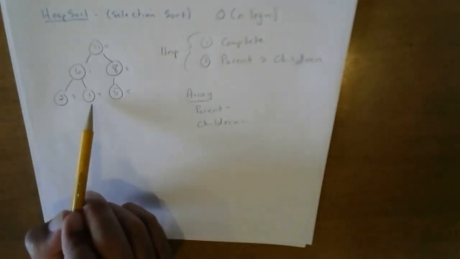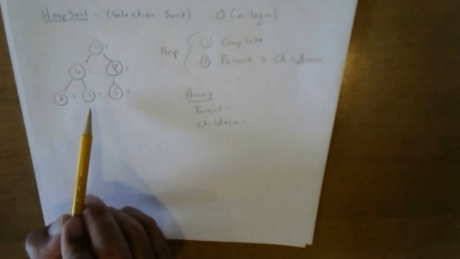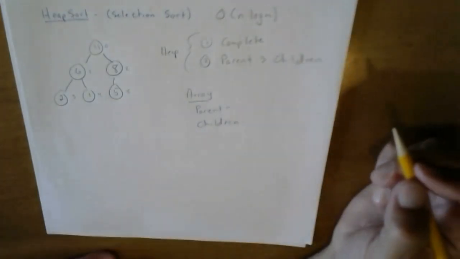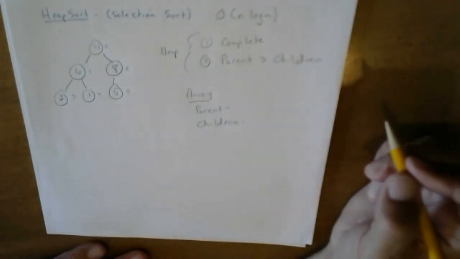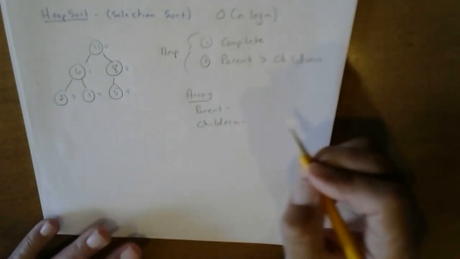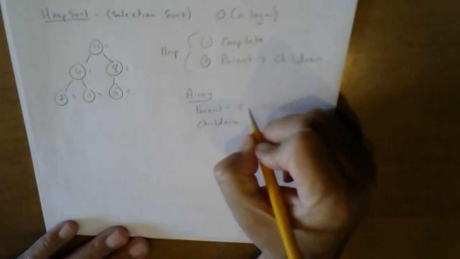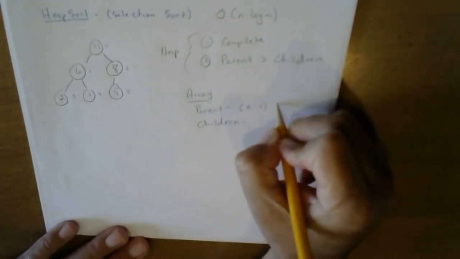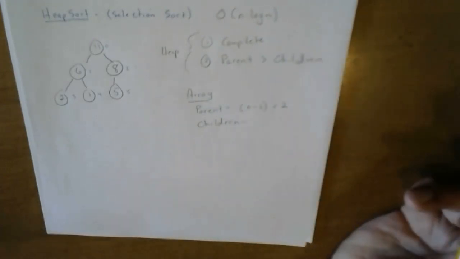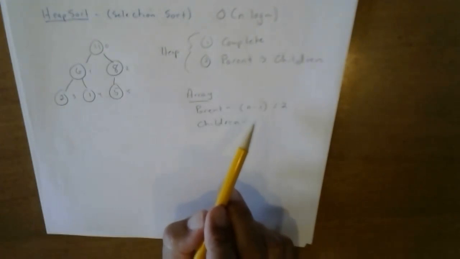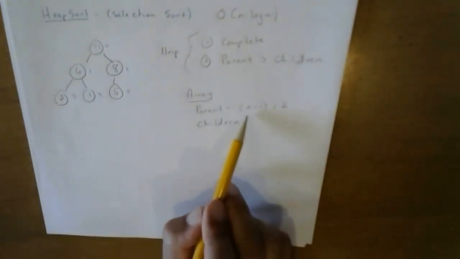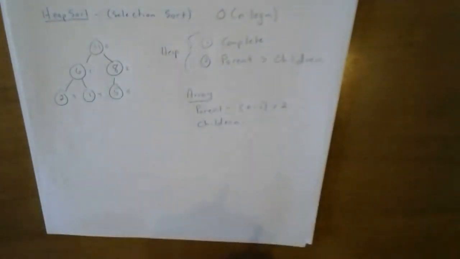So if I have 3 and 4, where's the parent at? Good. N minus 1 divided by 2. You say 3, I get 1. You say 4, I get 1.